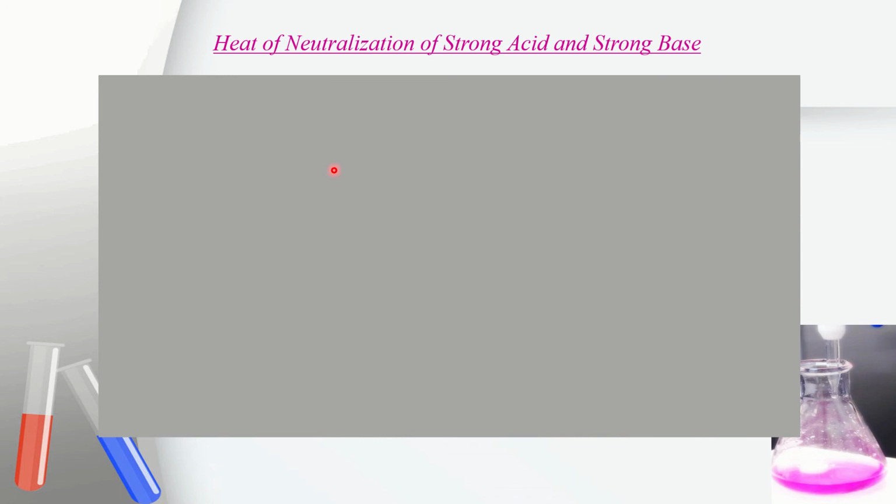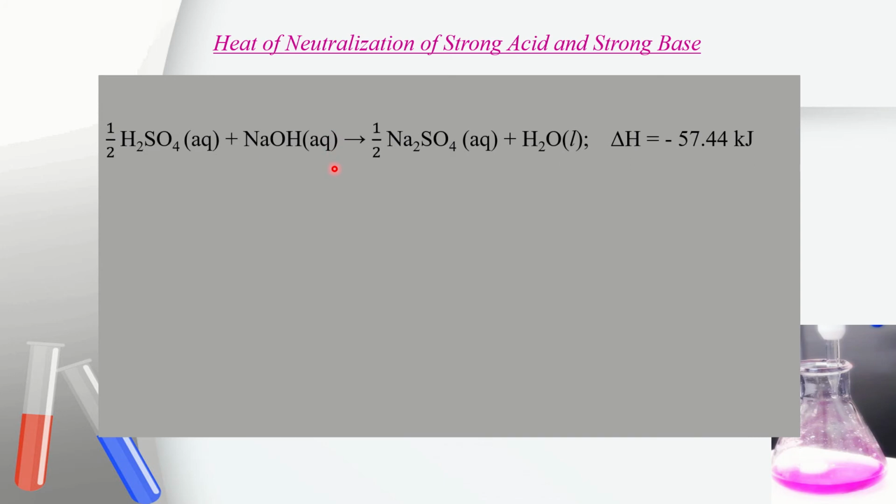Now, heat of neutralization of strong acid and strong base. Now we will discuss the heat of neutralization where the neutralization reaction is between strong acid and strong base. Look, this is a reaction between sulfuric acid and sodium hydroxide.